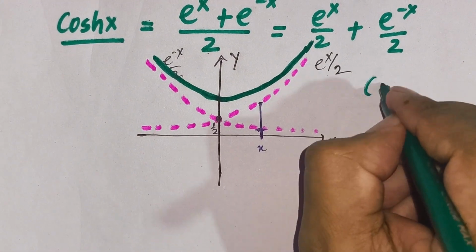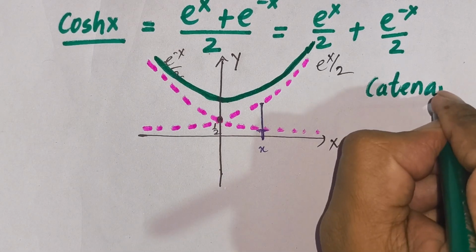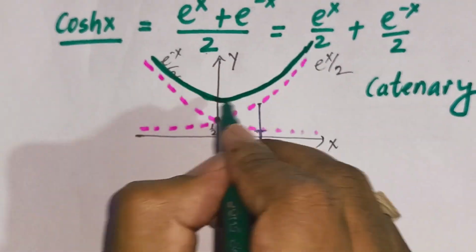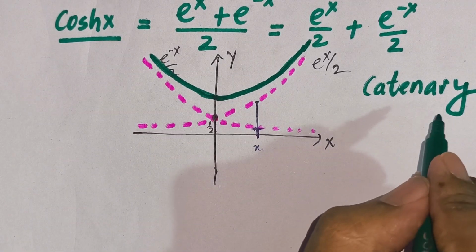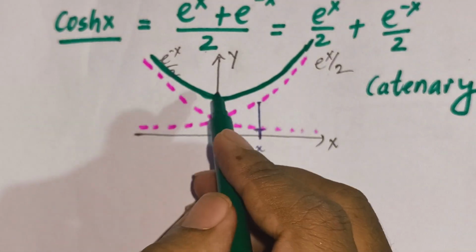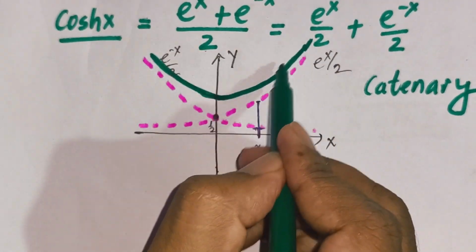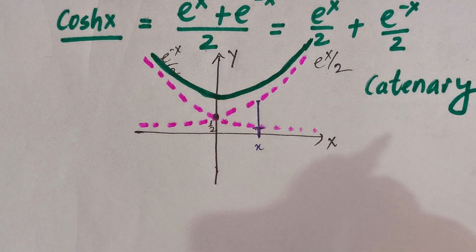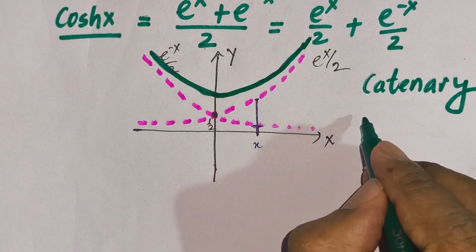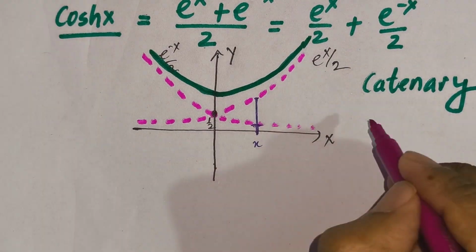This name we say catenary. This is not a hyperbola. This may look like a hyperbola, but this is not a hyperbola. This is catenary. Like parabola, circle, line, this curve has the name catenary. And catenary comes from a freely hanging chain. Let's say this is our chain.